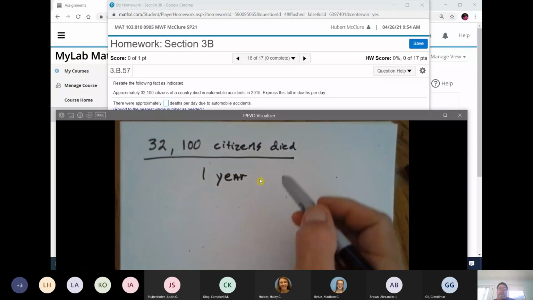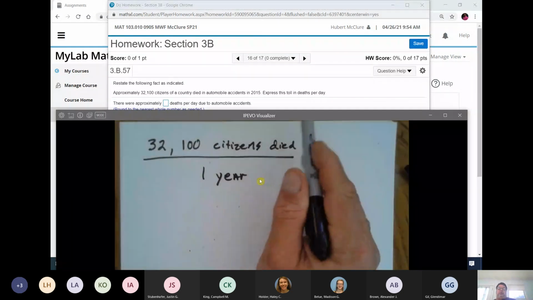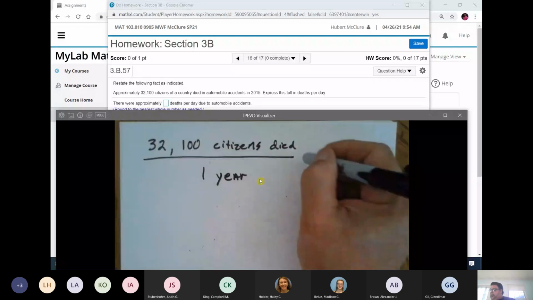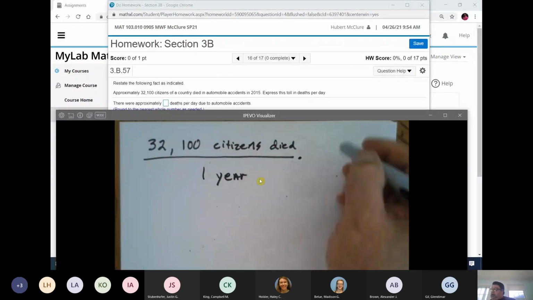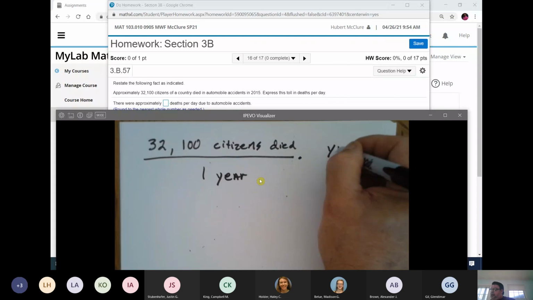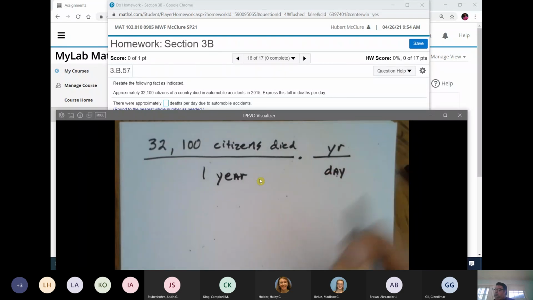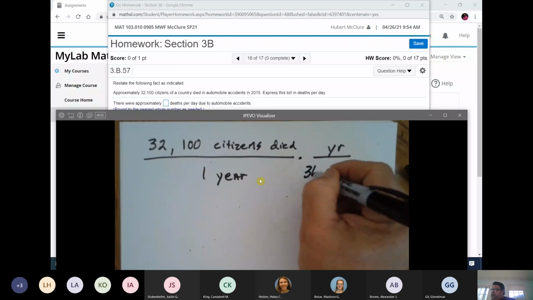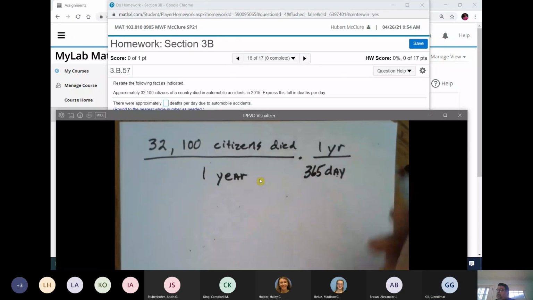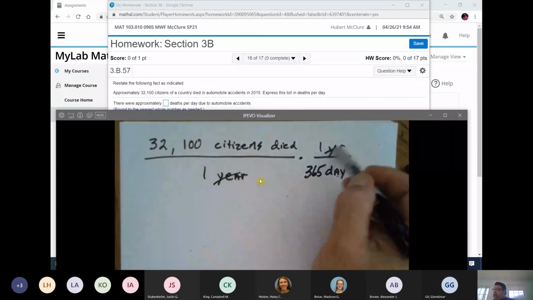But anyway, express this toll in deaths per day. Well, how many years has to go up top? So how many days are in a year? 365. And the years cancel.